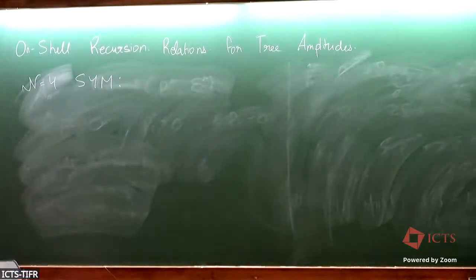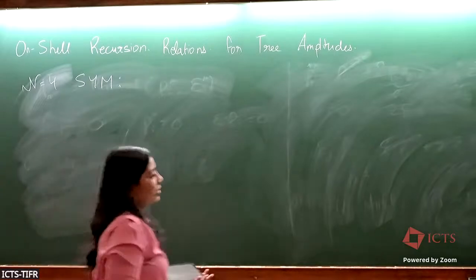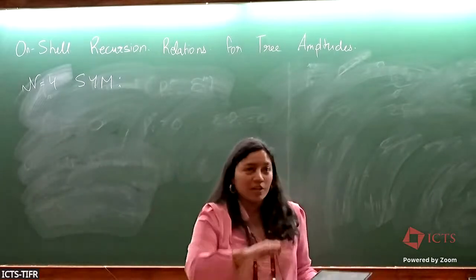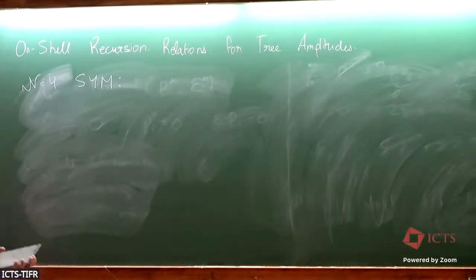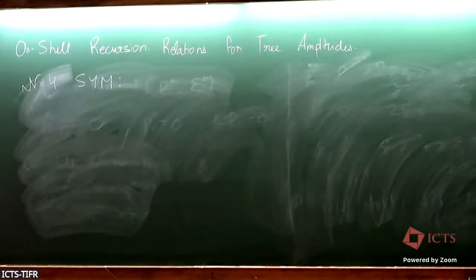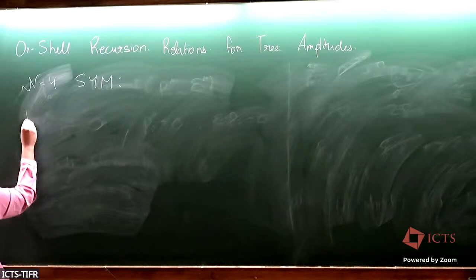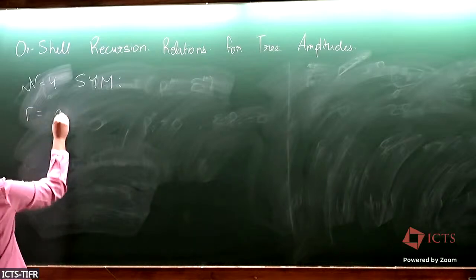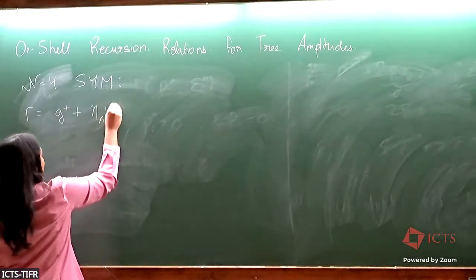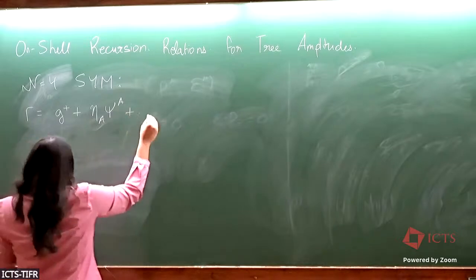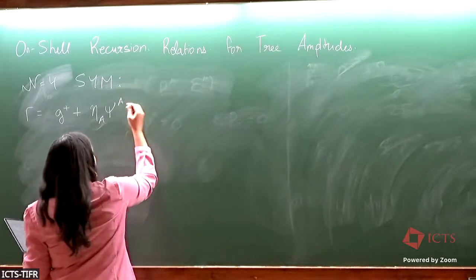So we discussed supersymmetry briefly, but I also remember on the first day, not everyone's hands went up when they asked, do you know what supersymmetry is? So I'm just going to quickly write down the superfield for n equals 4. And then it'll become clear that any super amplitude I write down is just a polynomial in these Grassmann variables.